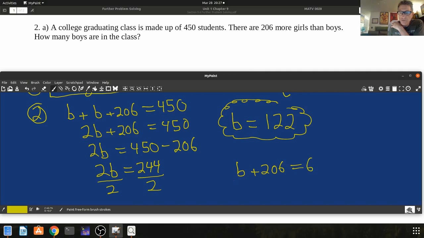But B is equal to 122 plus 206. That's supposed to say G right there. That's supposed to be girls. And that's going to give us 328 is the number of girls. So G is equal to 328.